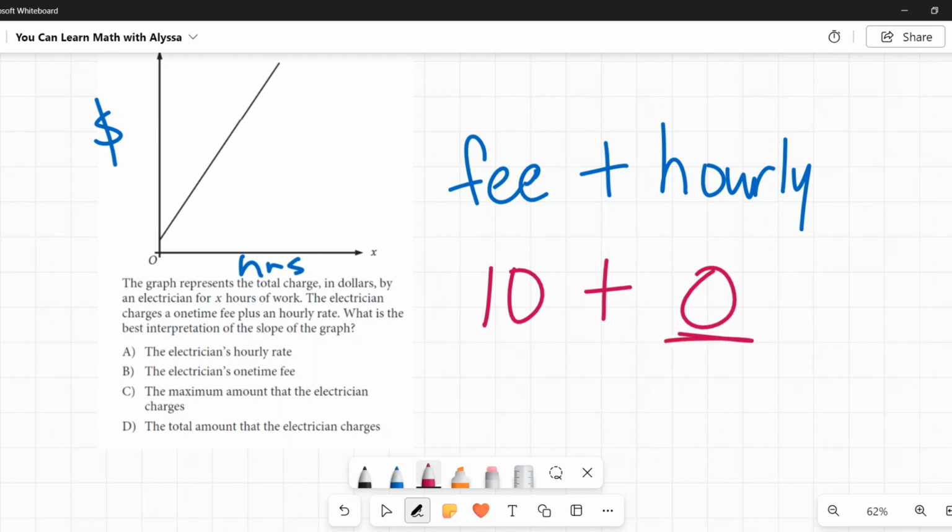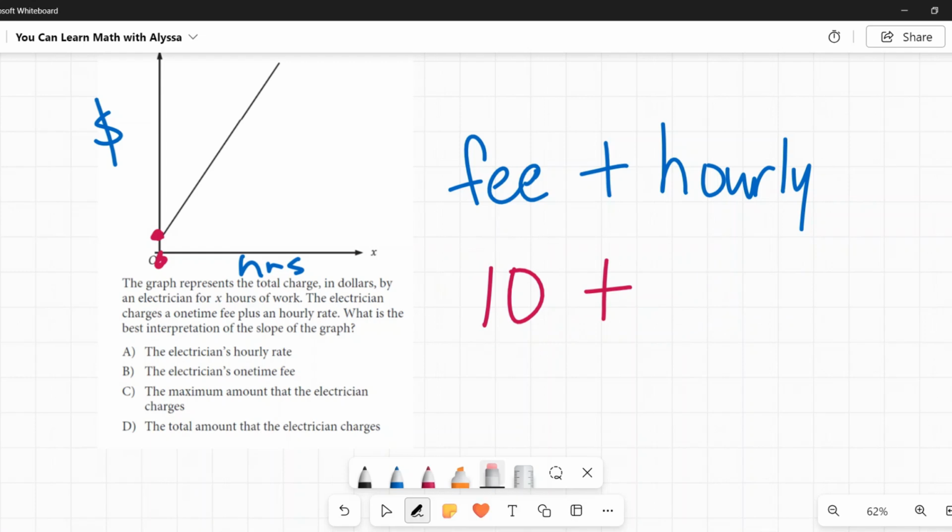When x is 0, there would be my $10, my fee. So that's what this point represents right here. That's the one-time fee, because it's not down here at 0. He starts off before he does any work at all with the one-time fee. And we don't know what exactly this is. I'm just using 10 as an example.